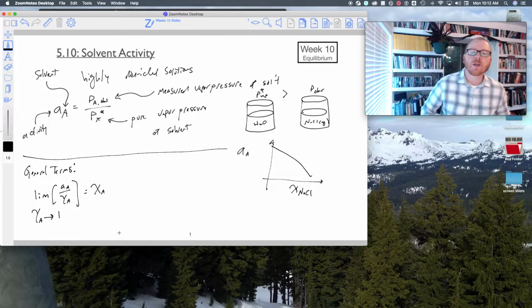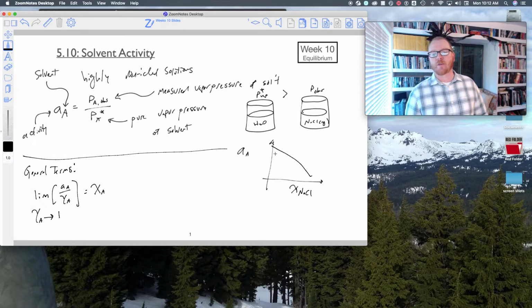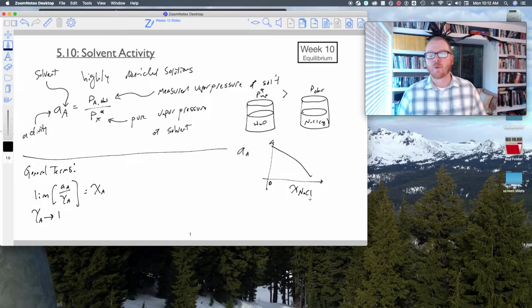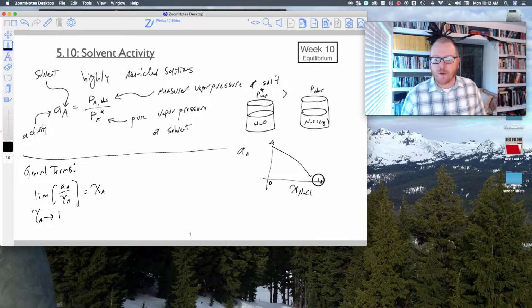Effectively that's what this graph is showing, right? On this graph chi NaCl is 0, and chi NaCl is never going to approach 1. We're never going to have pure sodium chloride. We're only going to get to where it's saturated. So maybe I'll say chi NaCl 0.1.